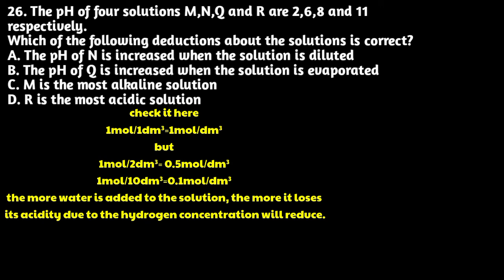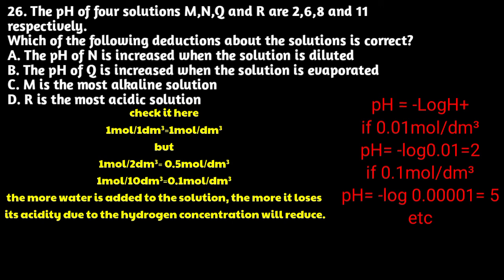That means that the concentration of hydrogen is reduced. And if the concentration of hydrogen is reducing, it means that it is increasing its pH value, moving away from being acidic as it's supposed to be, going towards becoming neutral or even becoming basic. That is why option A is correct answer. Check on the screen for more explanation on this.